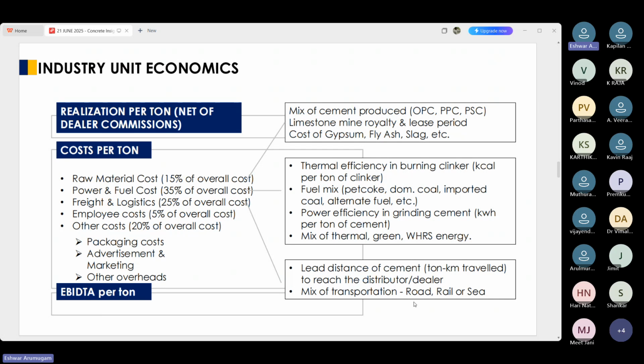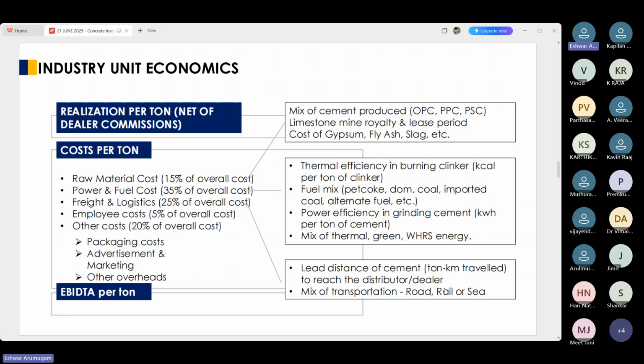So today the share of road is more than 90% in the transport mix of cement companies. Rail is seeing good traction owing to the railway infrastructure being improved by the government. And sea is not used by a lot of companies; they are just testing out their sea capabilities.